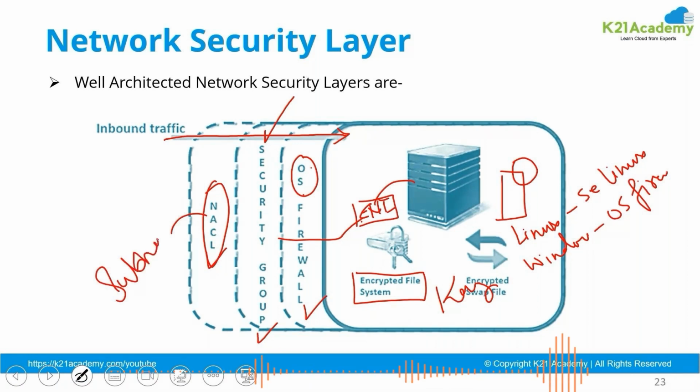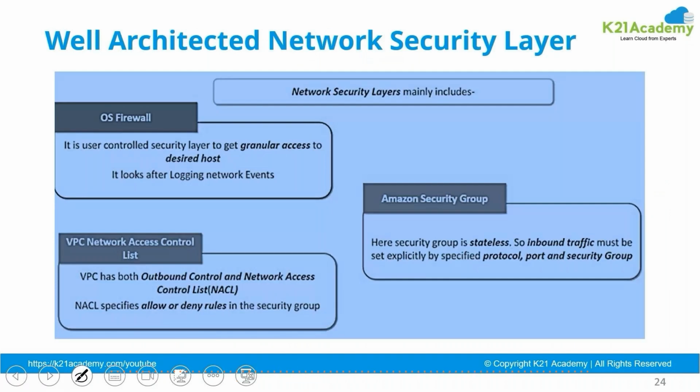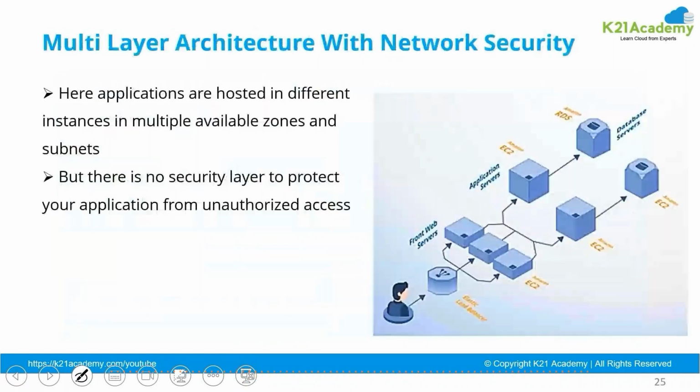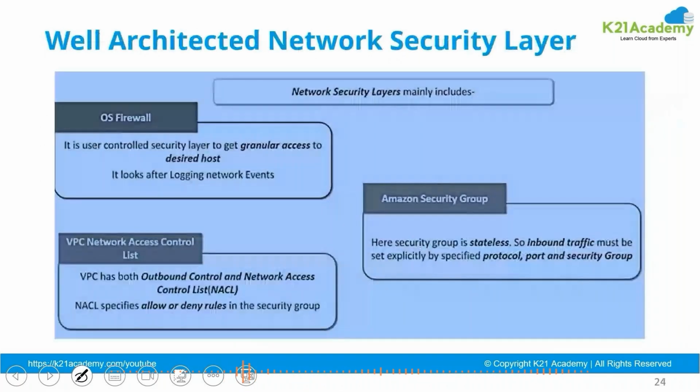All the machines inside a subnet will be protected by this security, then the security group, then the OS firewall, and then the encrypted file system. So these are the various layers of security which Amazon has. Via this we can do the infrastructure protection.